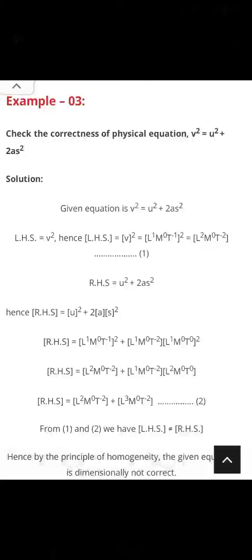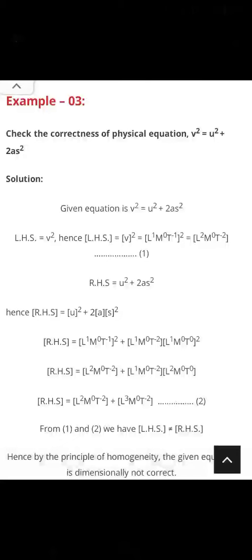On solving this, we get the dimension of the term 2as square to be L cube T minus 2, which is not equal to the dimension of u square or v square. So LHS is not equal to RHS. By dimensional analysis we can say that this equation is dimensionally incorrect.